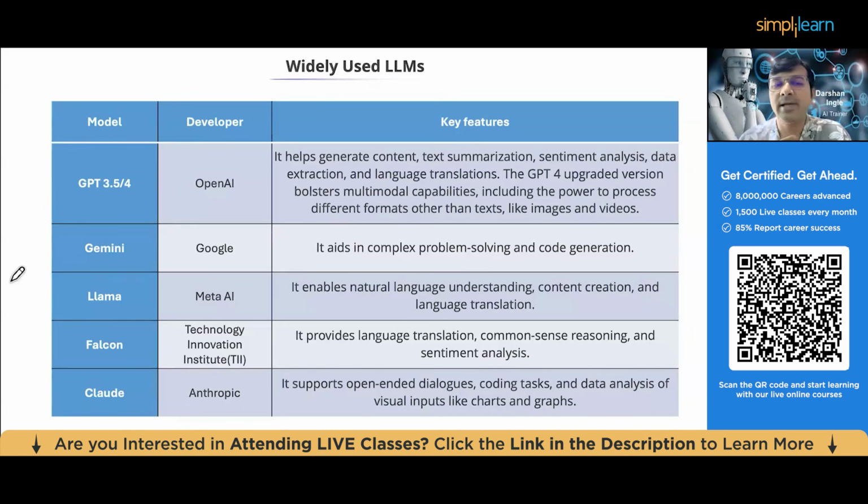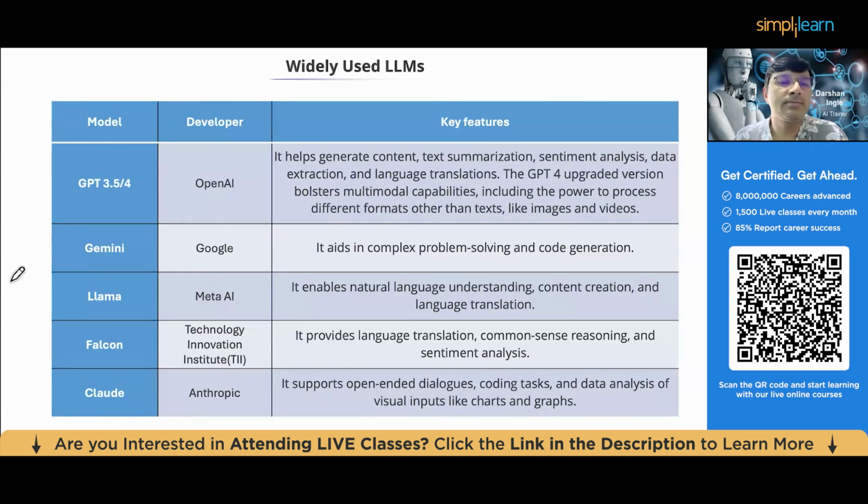The next is Google Gemini. Google's Gemini is nothing but a response to their GPT model. It is designed to aid in complex problem solving and code generation. So imagine using Gemini in Google Workspace, helping you draft emails in Gmail while also writing formulas in Google Sheets.